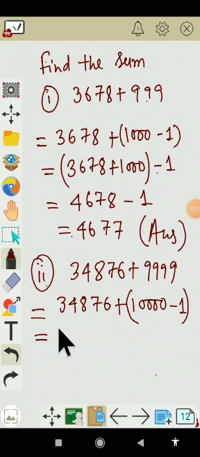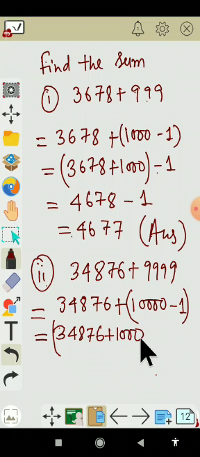If we apply the associative law between the three whole numbers, this becomes 34,876 plus 10,000 minus 1.